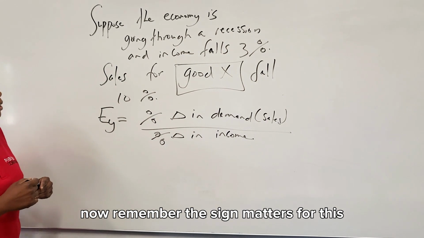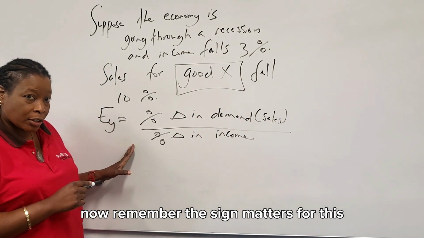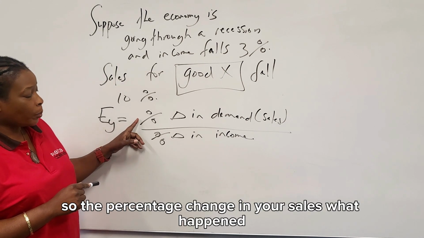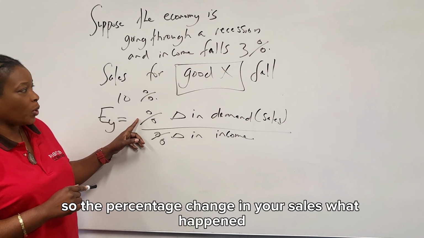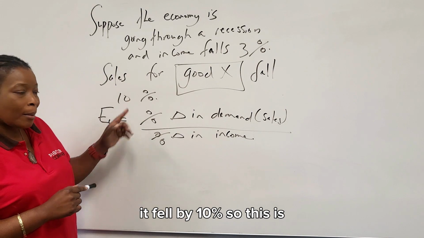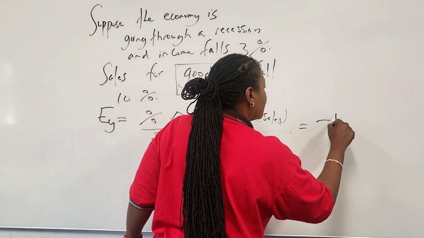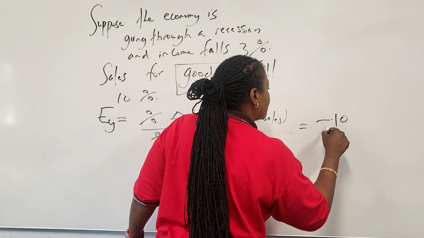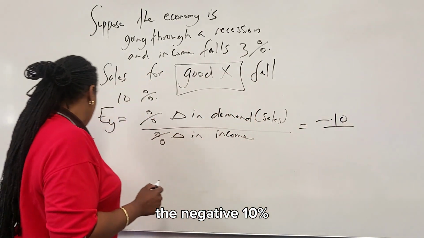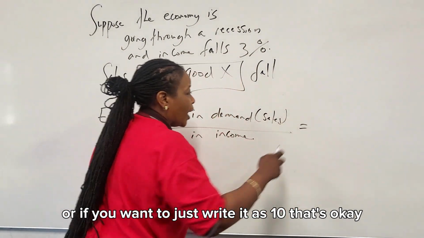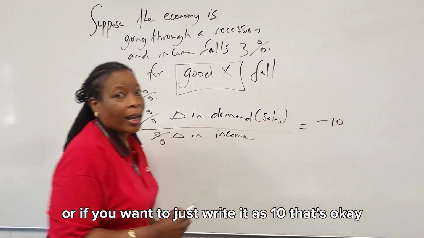Remember, the sign matters for this, so you can't ignore it. You've got to watch it. So the percentage change in your sales, what happened? It fell by 10%. So this is the negative 10, or if you want to just write it as 10, that's okay.